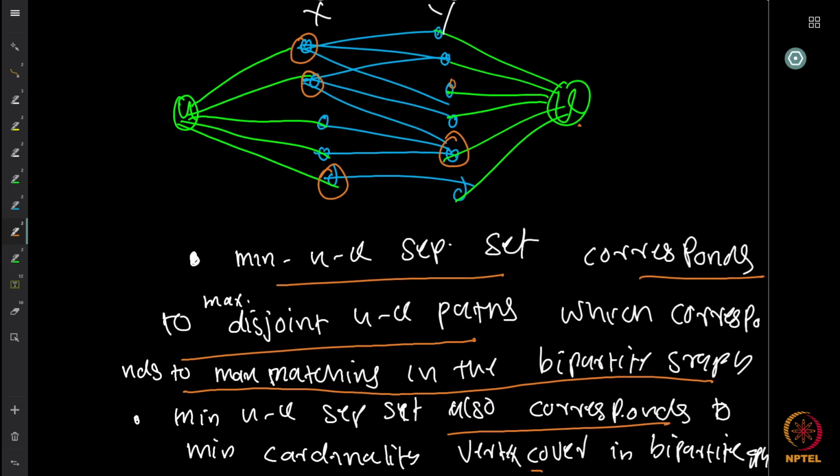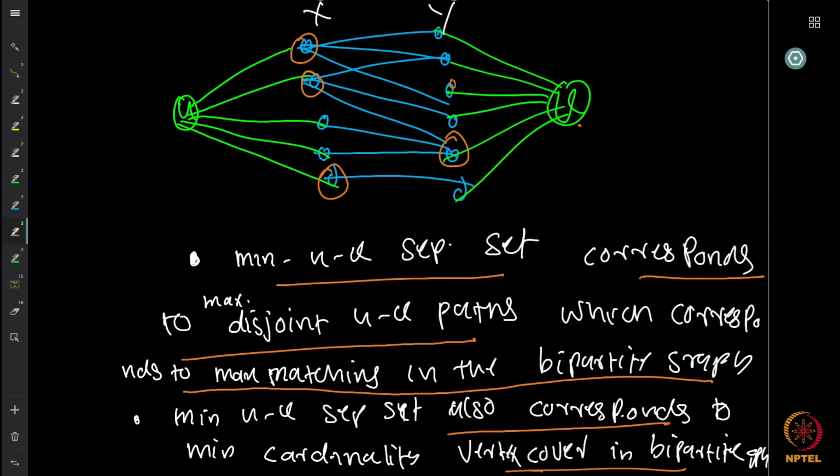So this corresponds to a vertex cover in the bipartite graph. So we get a connection between the vertex cover and the size of the maximum matching. So the minimum vertex cover is actually equal to the maximum bipartite matching.